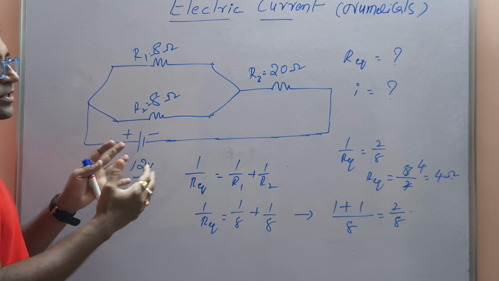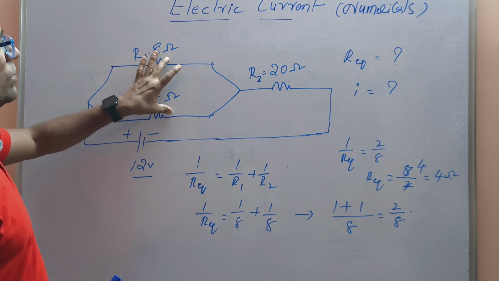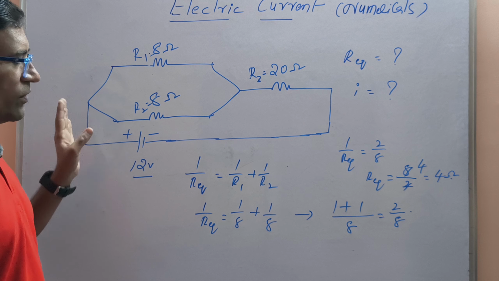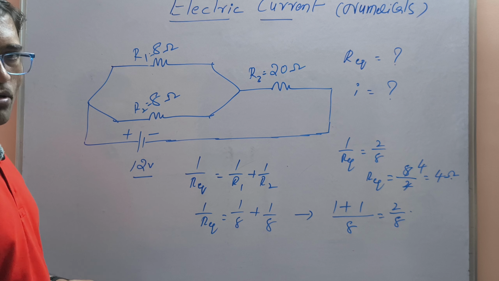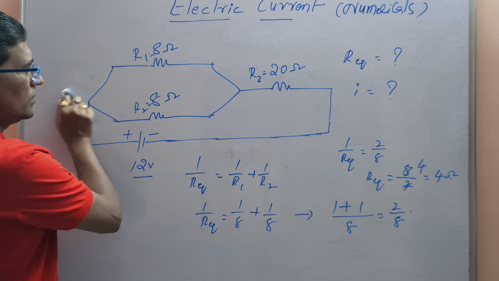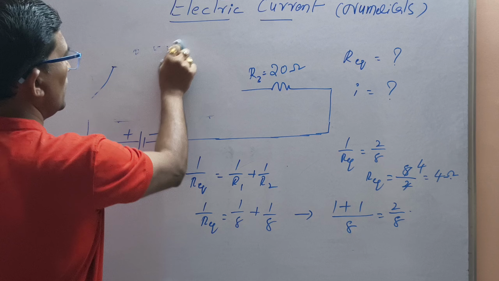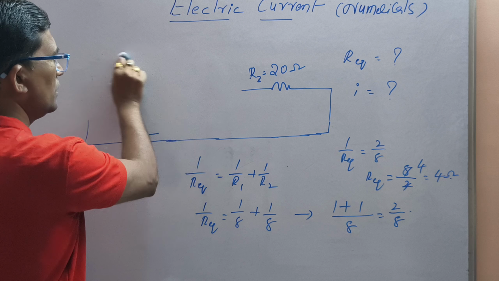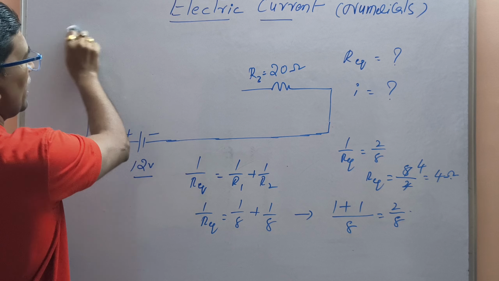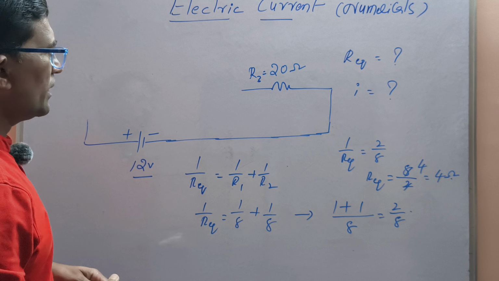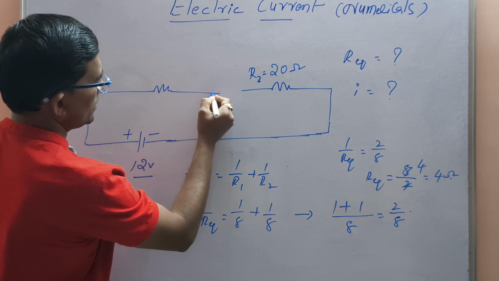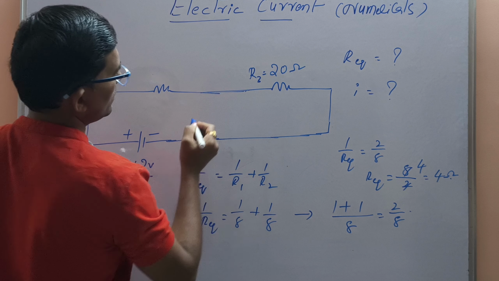Then I have to compress the circuit. We have to modify the circuit. We found the parallel combination resistance, you got 4 ohm. I think all of you understood this. Please copy this and we'll continue the problem. Now, in place of those parallel resistors, we found the equivalent resistance, so I will draw that equivalent resistance here.